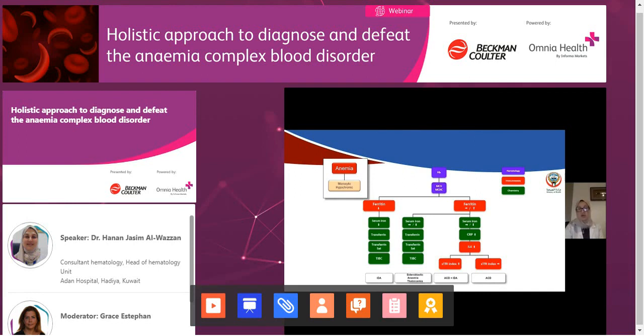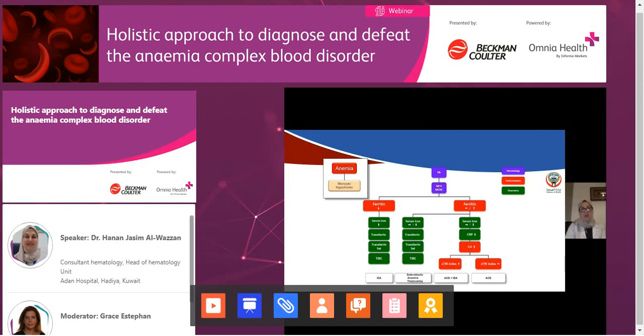So putting these all together, we can reach a diagnosis of iron deficiency by measuring the MCV, MCH, then using the serum ferritin by immunoassay. If the serum ferritin is low and the serum iron is low and the transferrin saturation is low, it is diagnosis of iron deficiency anemia.